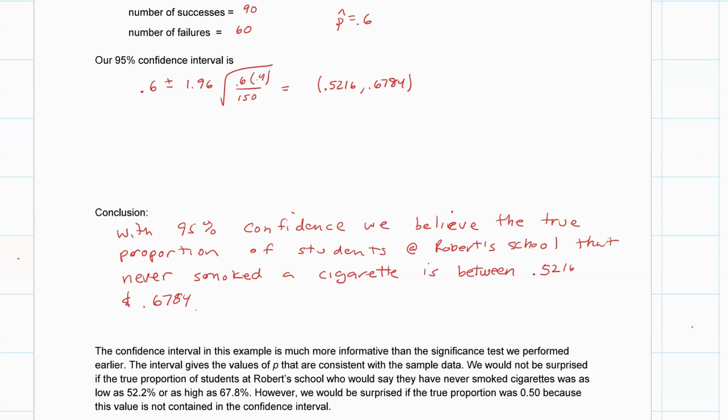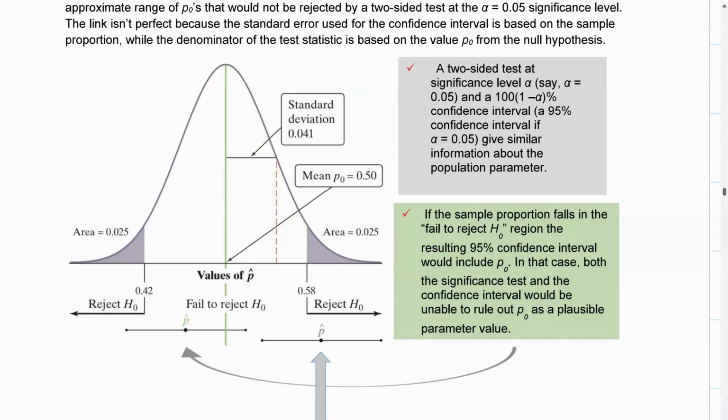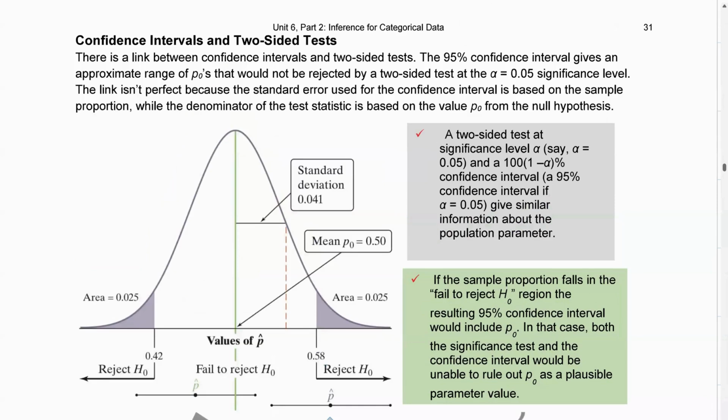Let's take a look at this in a slightly different way. When we get p hat values that are far enough away from the value that's spoken in the H naught claim, when we do a confidence interval, we don't get to go back and reach that mark.